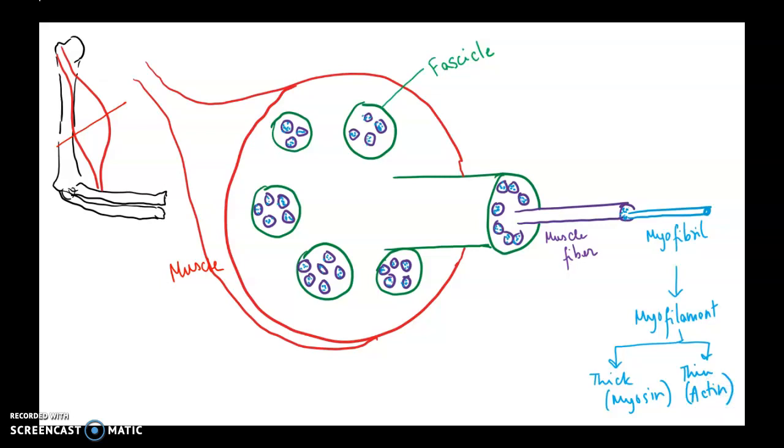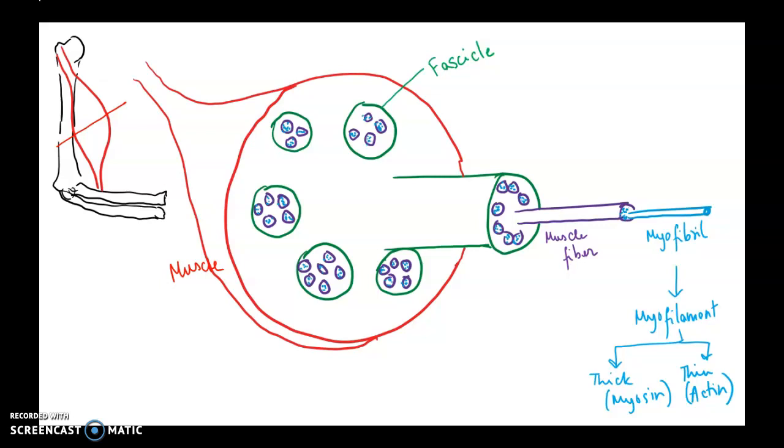So to review, we do see a red colored muscle here attached to bones. If we look at a cross section of the muscle, we see numerous bundles, and each of these bundles is called a fascicle. If you zoom into each fascicle, you see multiple rod-like structures, and each of these is called a muscle fiber. Remember, a fascicle can have many muscle fibers.